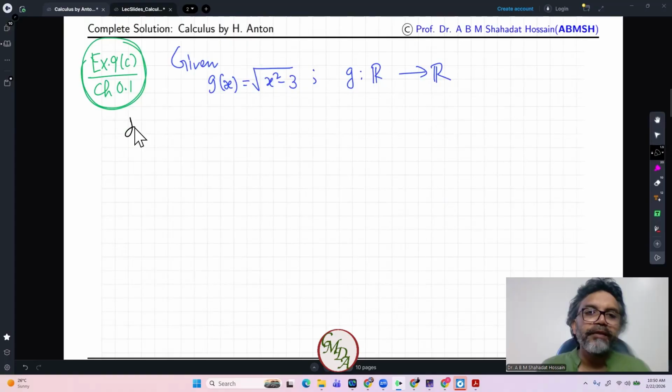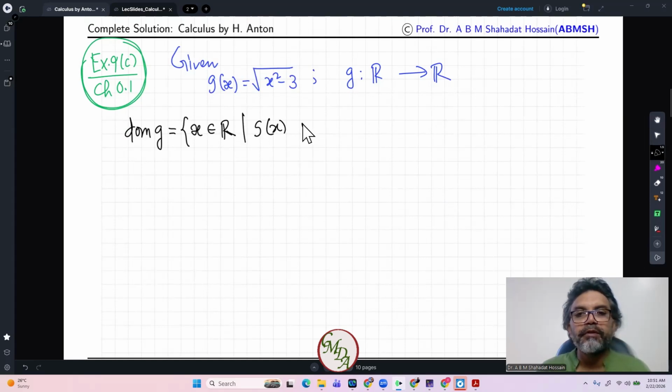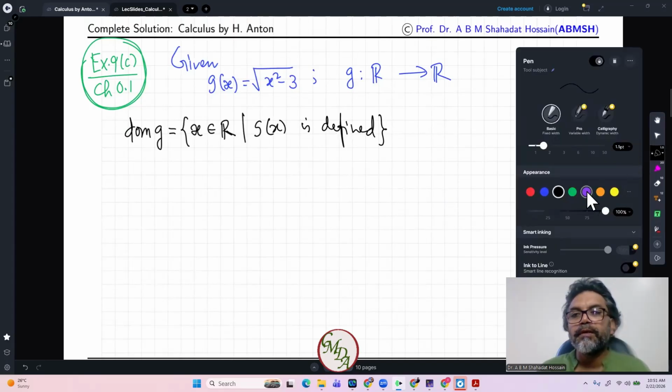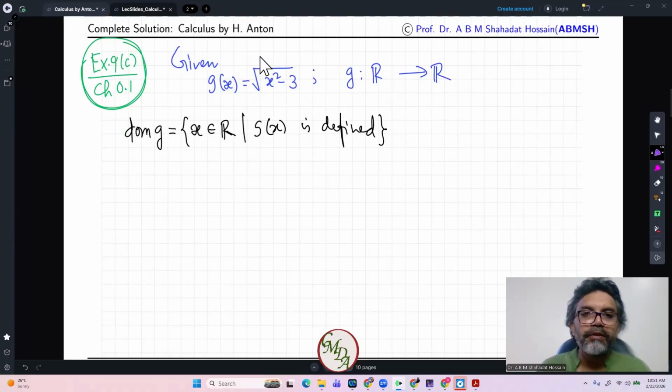So what is the domain of g? It is the set of all real x such that g of x is defined. Now here, this expression is also an even root of an expression.